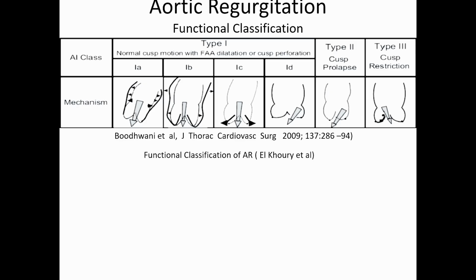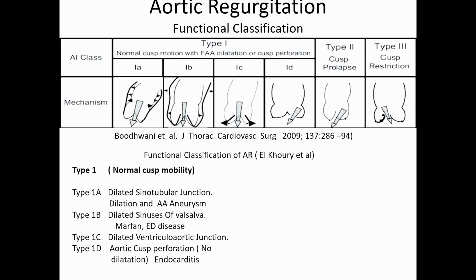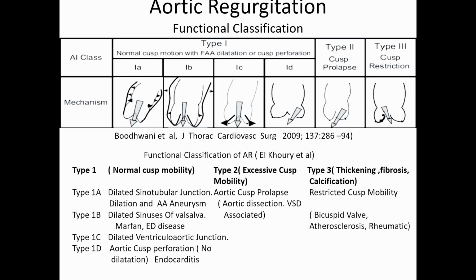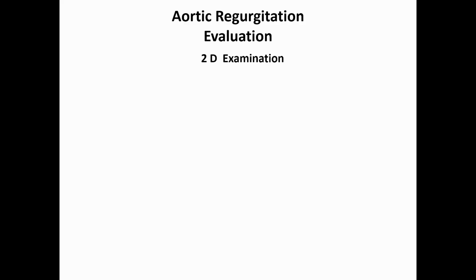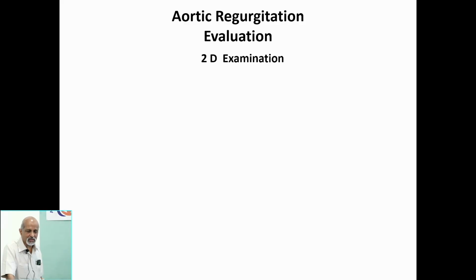So what they have tried to do is a functional classification of AR, and as I explained, type 1 A, B, C, D, what exactly is going to happen, the excessive mobility and the restricted mobility. So in examination what we are going to look at predominantly is whether the valve is tricuspid, and whether there is evidence of eccentric cooptation.